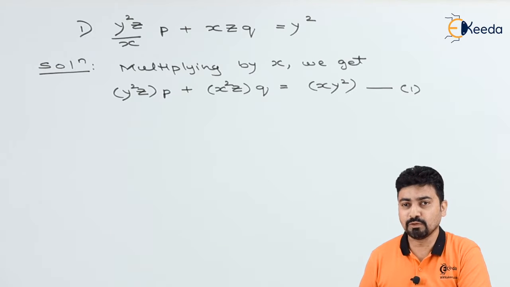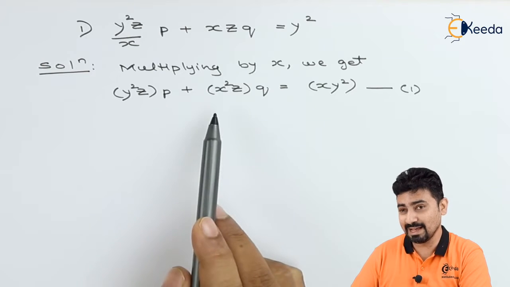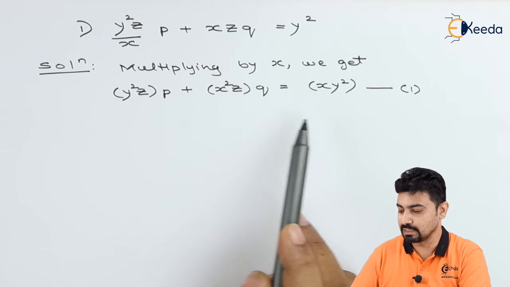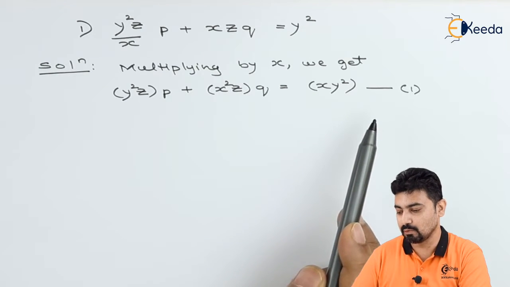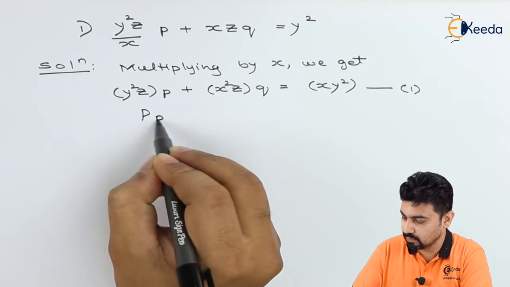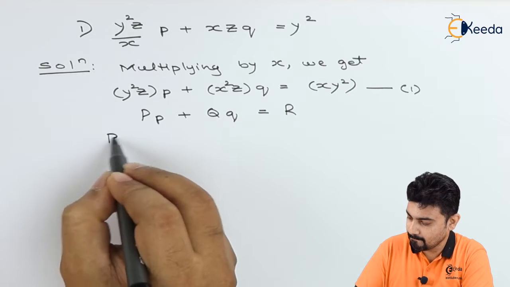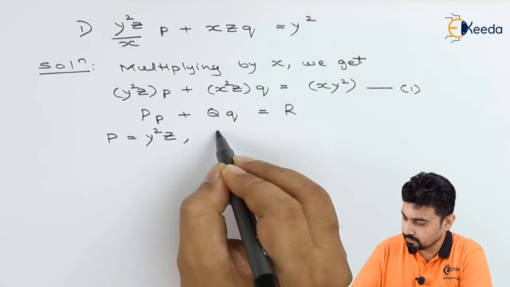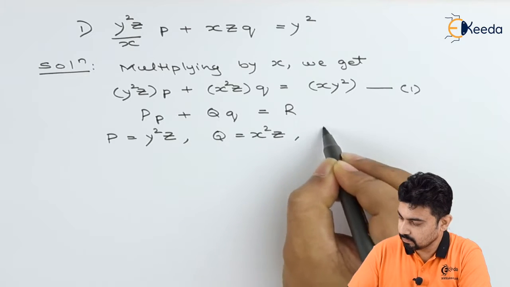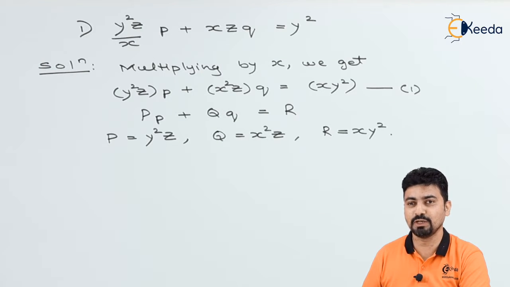So after multiplying throughout by x, we get y square z into small p plus x square z into small q is equal to xy square. Let this be equation 1, and this particular equation is in the form of, where, so we have got the values of P, Q and R.